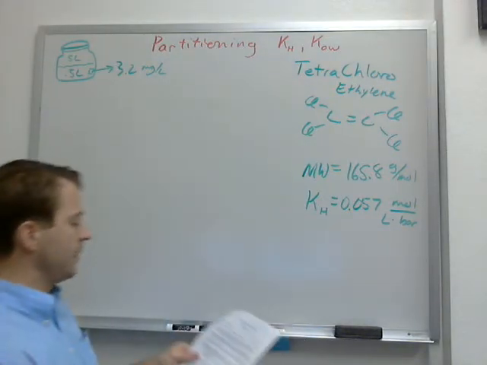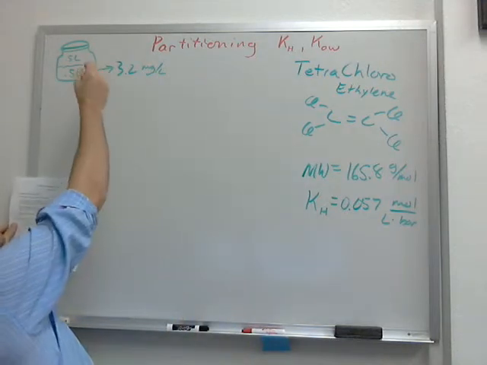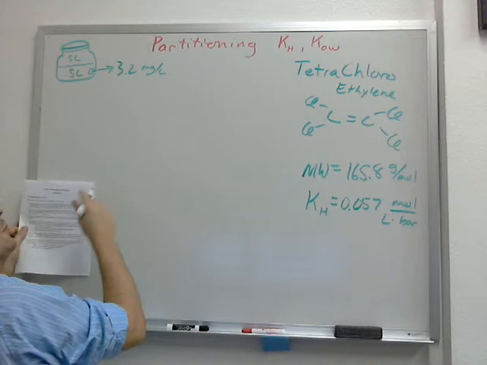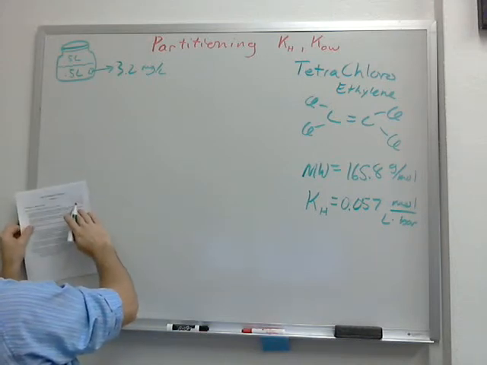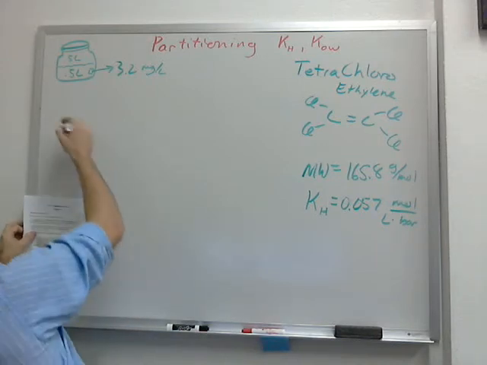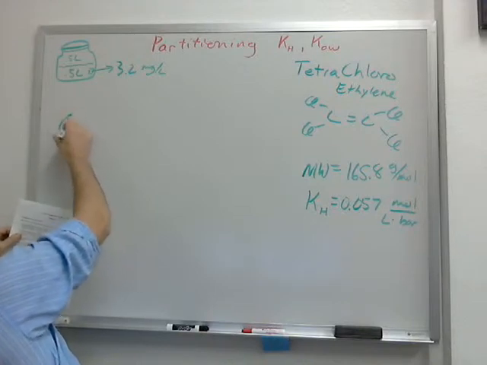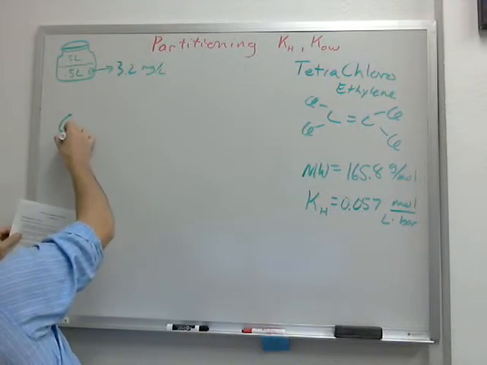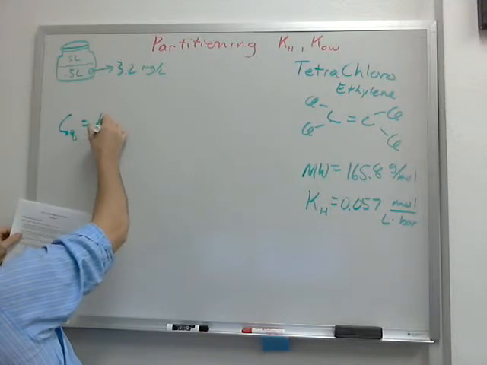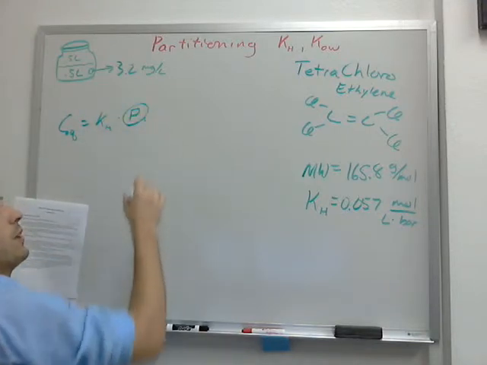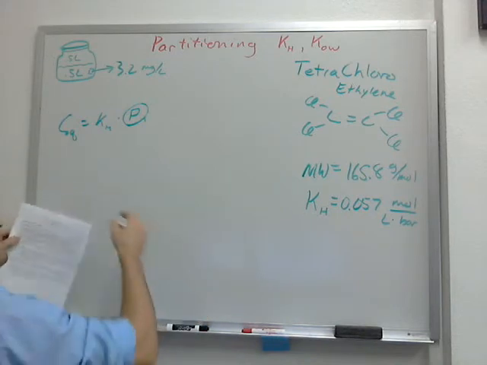data that are included. So we have a jar that has half and half. The liquid was found to contain 3.2 milligrams per liter. So first, what's the concentration in the headspace? So the concentration in the headspace, so concentration aqueous is equal to the KH multiplied by the pressure. So in this case, the pressure is our headspace concentration.